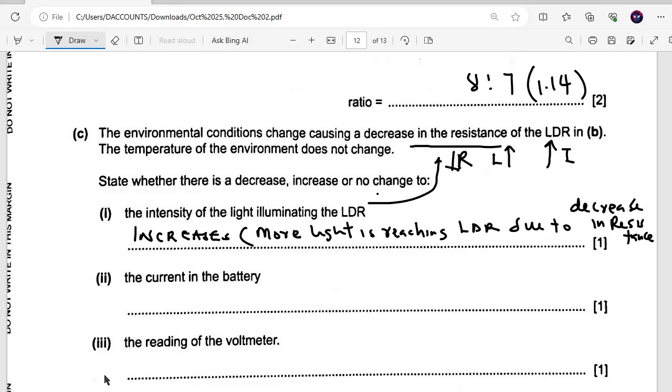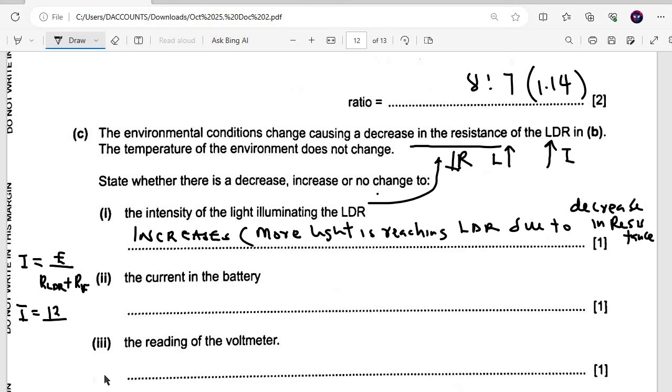Now, the current in the battery. The current in the battery is not directly affected by the decrease in the LDR. The current flowing in the circuit depends on the overall resistance. From Ohm's law, the current will be E over the LDR plus the fixed resistor. So let's see what will happen to the current. E is 12.